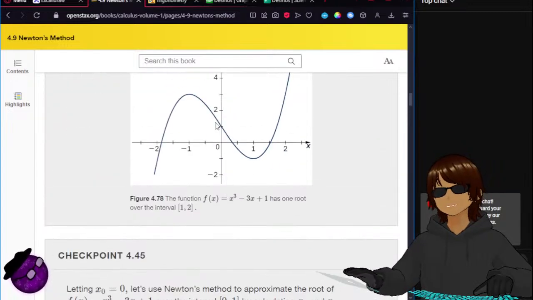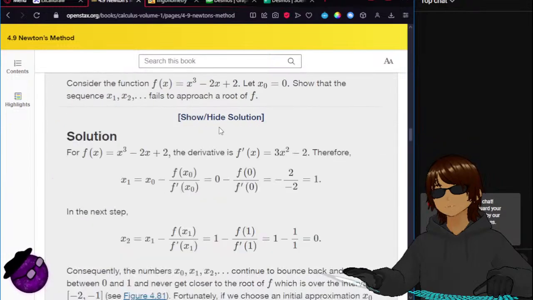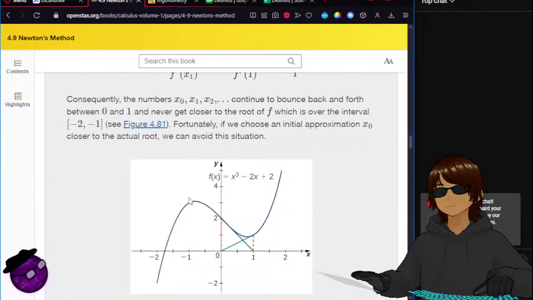If x0 is equal to 0, then it will reach a different root, right? This goes to 1. Or you may get stuck in a loop, right?